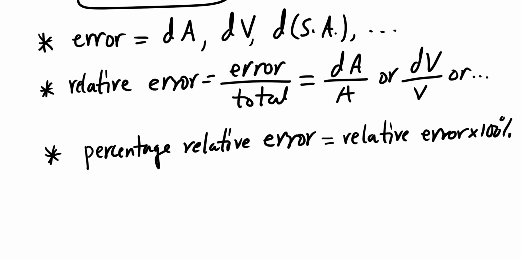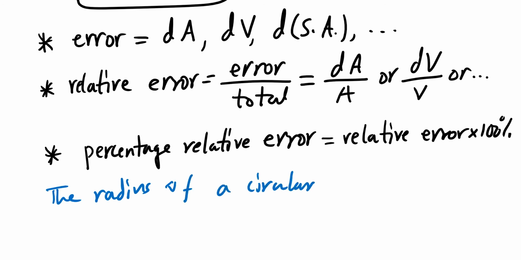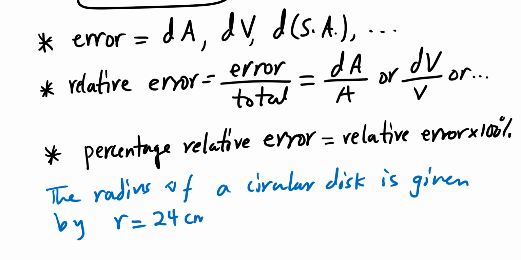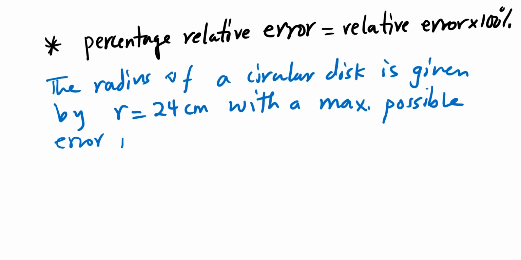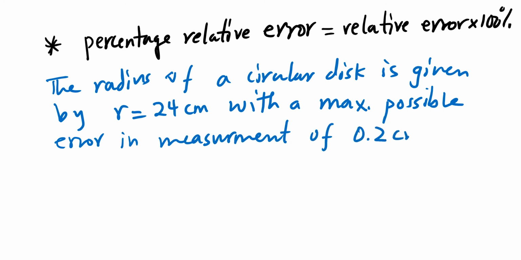How do we apply this? Let's say the radius of a circular disc is given by R equals 24 cm with a maximum possible error in measurement of 0.2 cm.